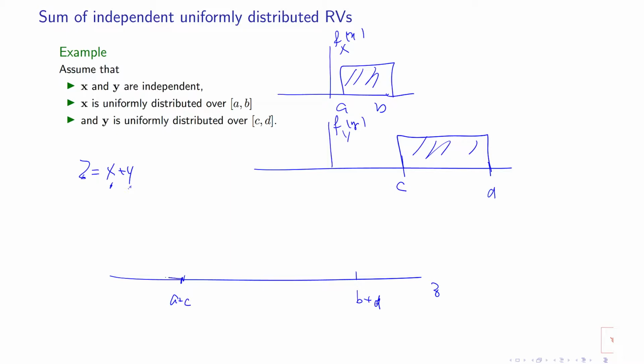So my distribution is 0 outside of this interval. I could quickly say that f_Z of z shall be equal to 0 if z is smaller than a plus c, or z is bigger than b plus d.